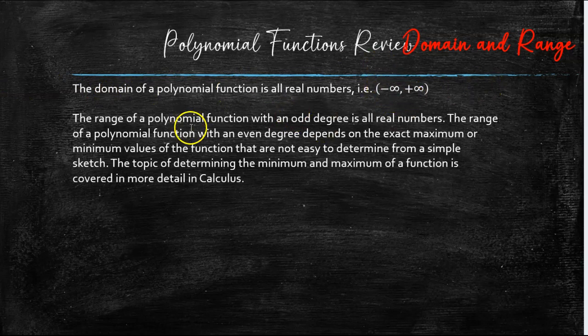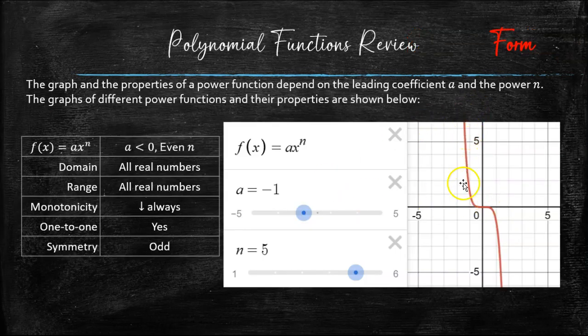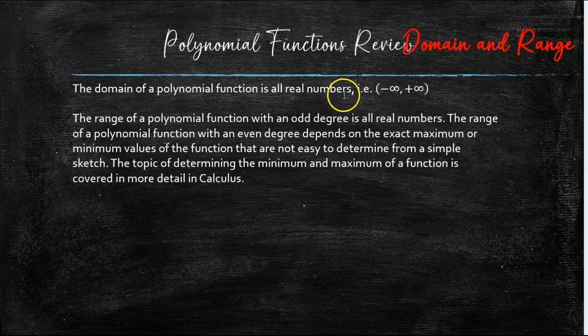Now, the range of a polynomial function with odd degree is all real numbers. For some reason, I was thinking degrees of freedom from statistics. So if the degree of a polynomial function is odd, like this example, it ranges from negative infinity to infinity.